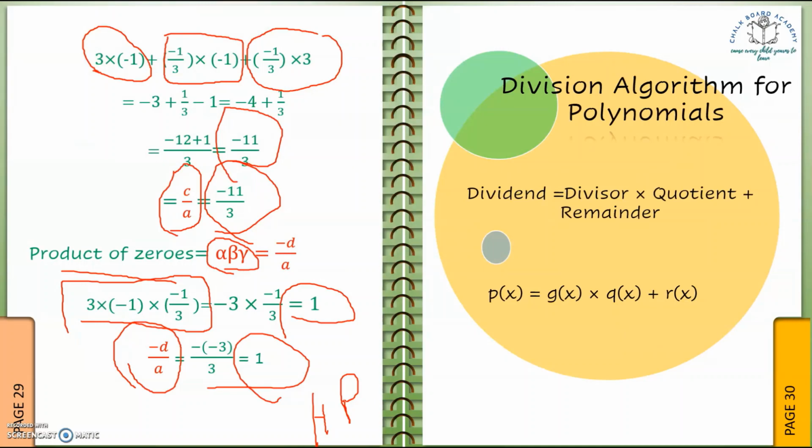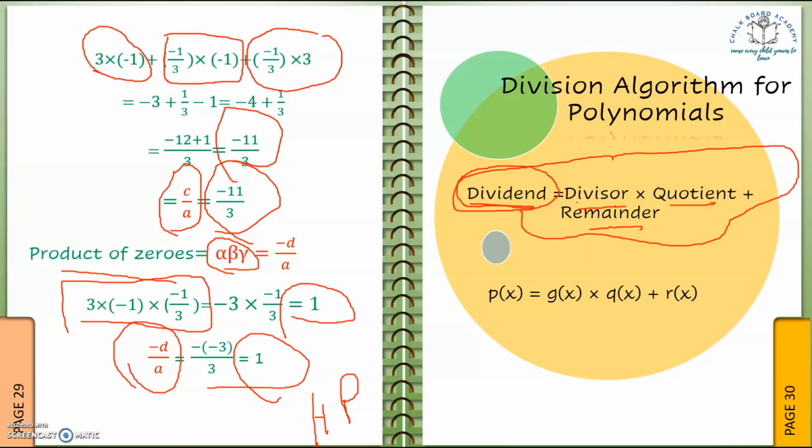Now we have the division algorithm for polynomials. Just like how we divide numbers, we are going to divide polynomials. And same as numbers, we have this equation here. This is called the division algorithm, that is dividend, the number which we divide, is equal to divisor into quotient plus remainder. Divisor, the number by which we divide, and quotient, the quotient we get, and remainder if we get any remainder.